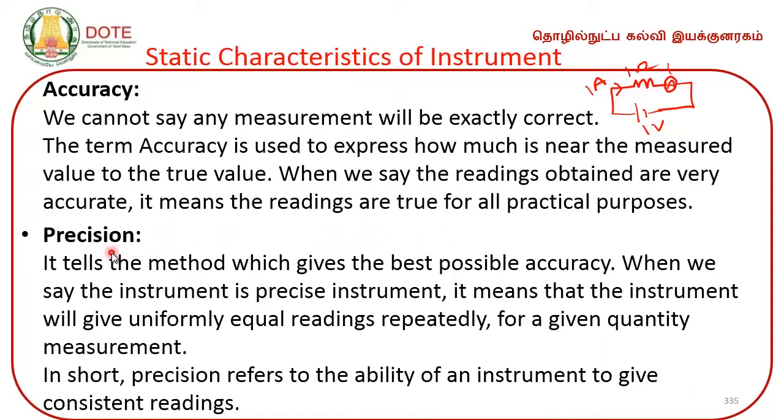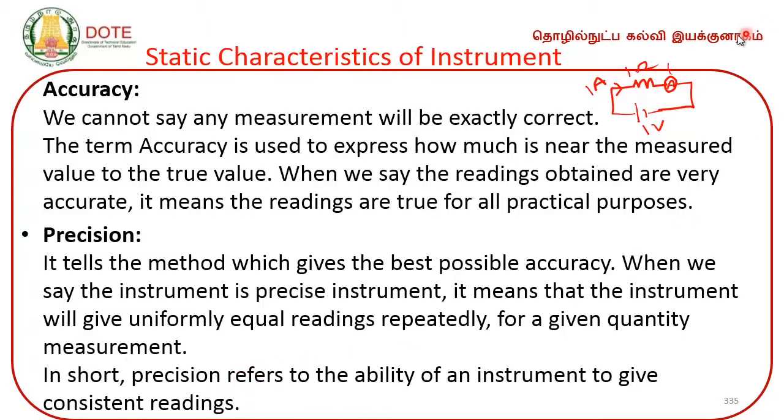Precision, what is precision? It is somewhat close in meaning to accuracy. The precision is the measure of how much repeatedly it shows the accurate value, right. That means it is the ability of the instrument to give consistent readings, right.